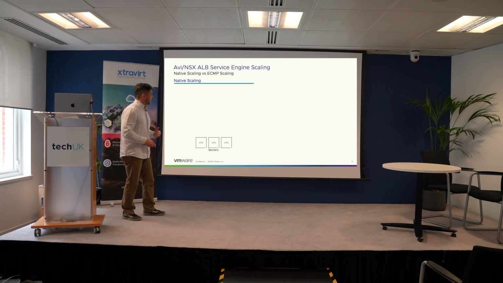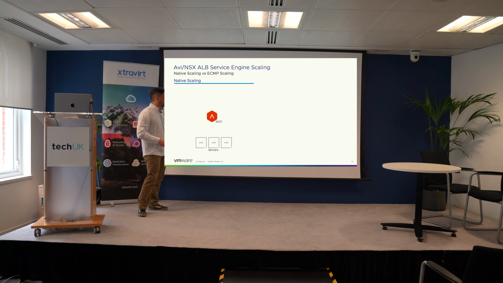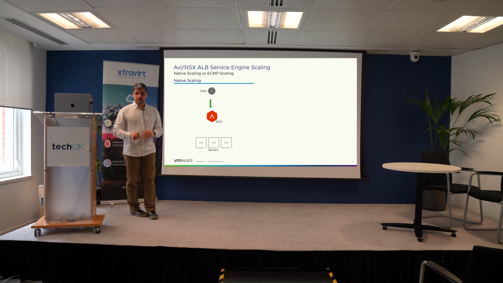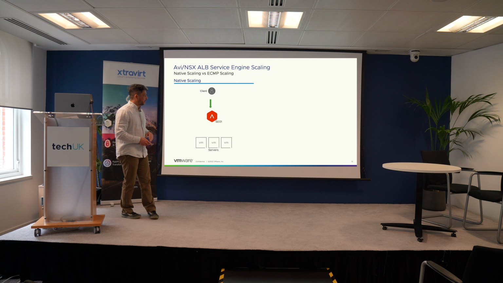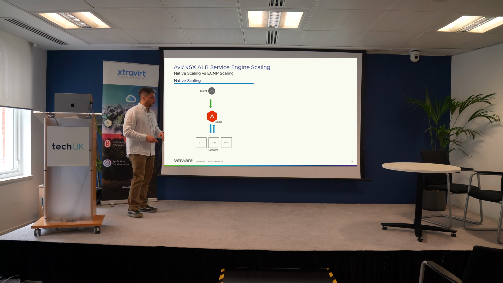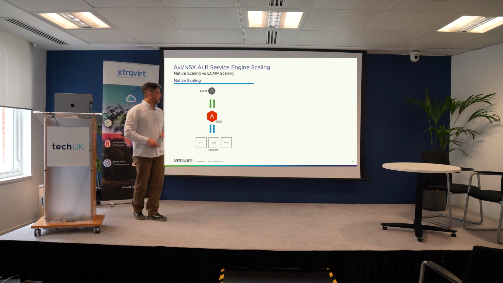So in here you have the VMs, you have one service engine, you have your client. Your client speaks with the service engine, in case of a single service engine, makes a request to the VM, which is serving your application. It goes back, everything goes, okay?